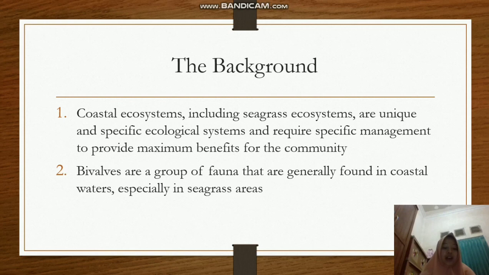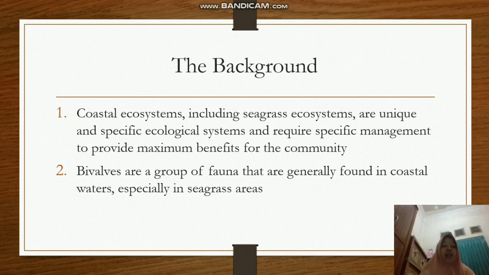Seagrass beds are critical marine ecosystems and can provide food, habitat, and nursery areas for several species, shellfish, and sea turtles. The seagrass ecosystem is one of the three main ecosystems in coastal areas and has socio-ecological functions beneficial to humans.